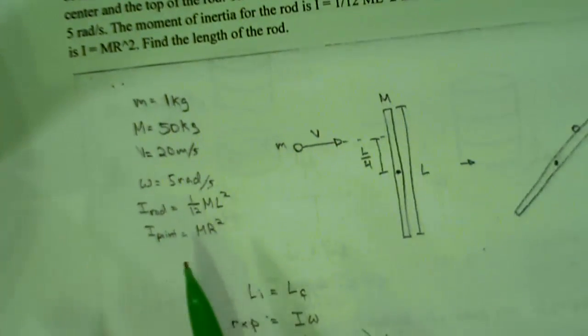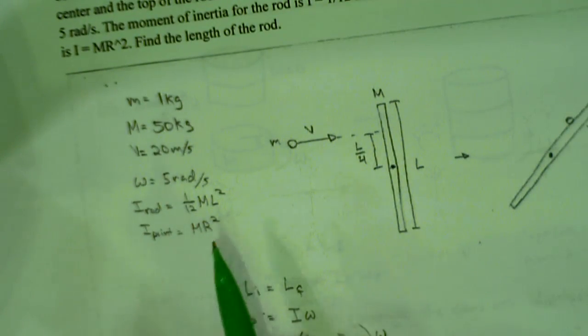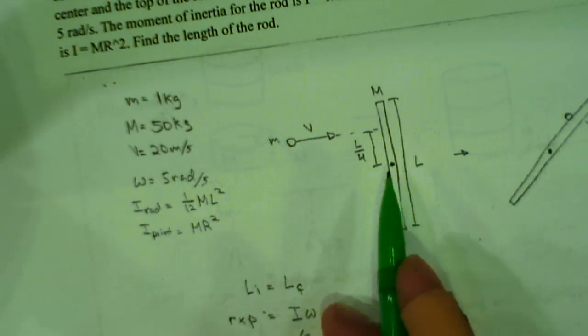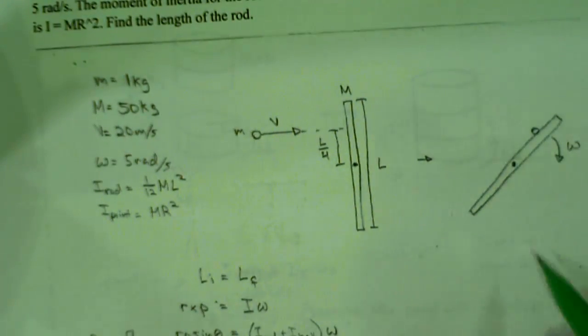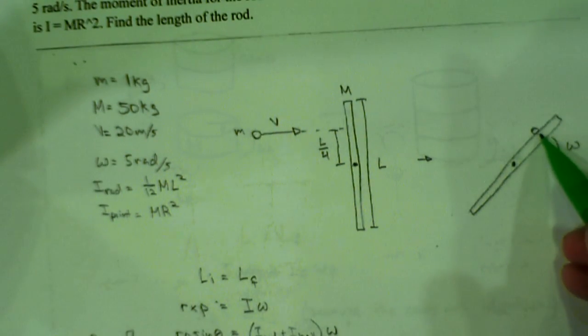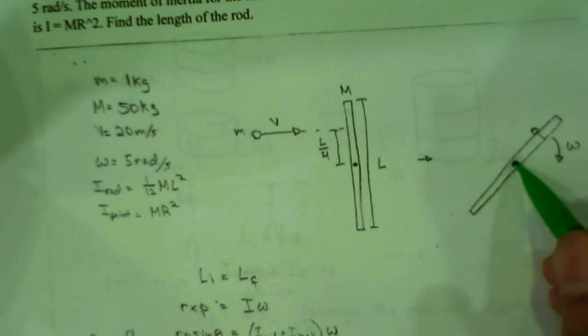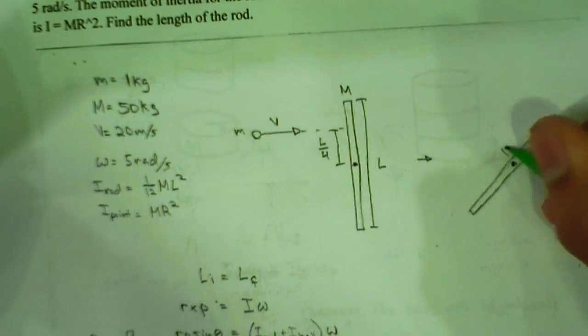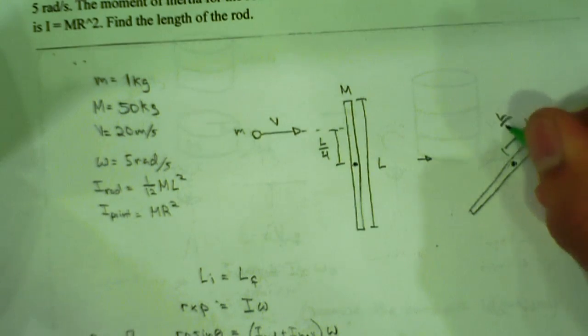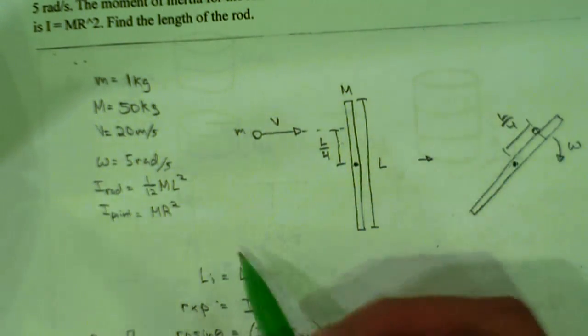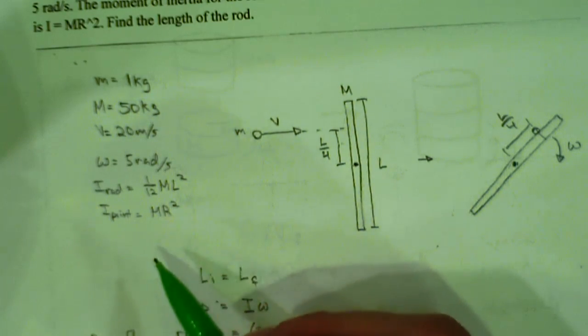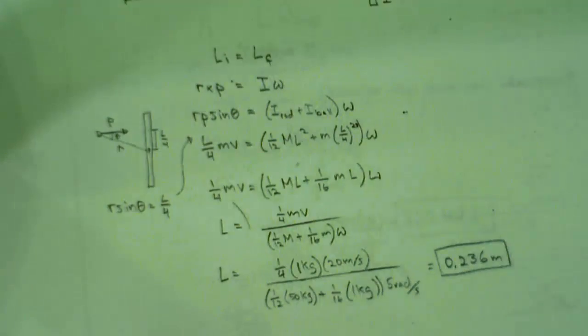Now, for the point mass, it's mr squared, and r represents the distance from the center of rotation to where that mass is. If you look over here, the mass sticks right here, and this distance from the center of rotation is L/4, because that's where it hit initially. So this is the radius that you plug in. That's how you get this moment of inertia.